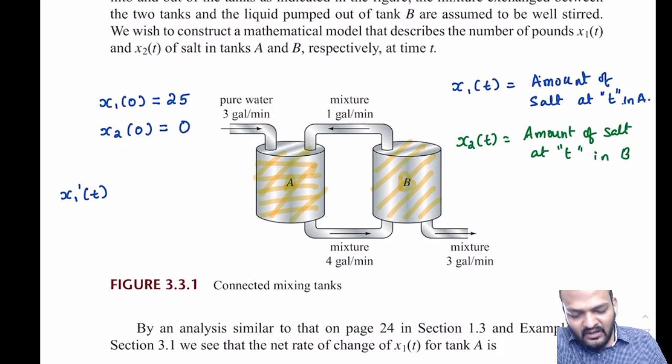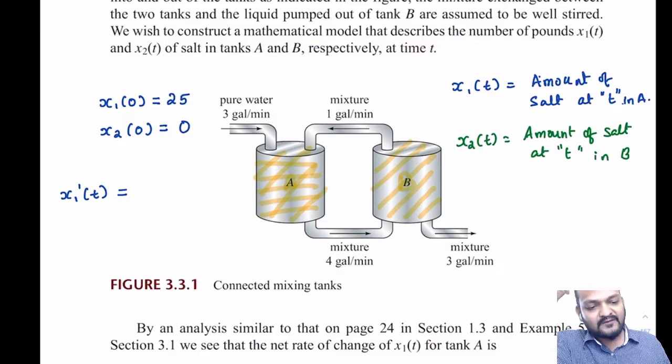That means no salt has been added to tank A from the liquid it is receiving, but at any given time it is losing out whatever the current concentration is. It is losing out 4 gallons per minute.